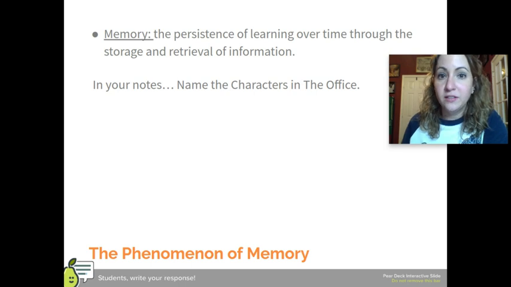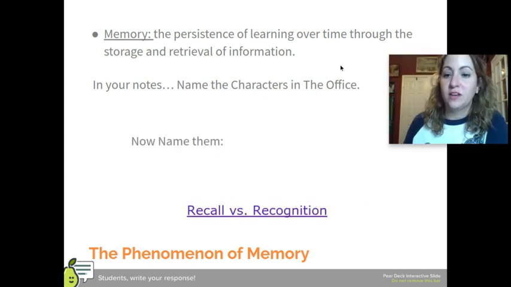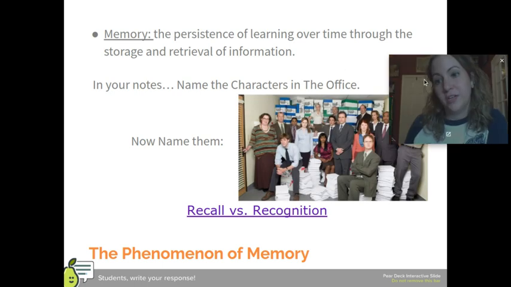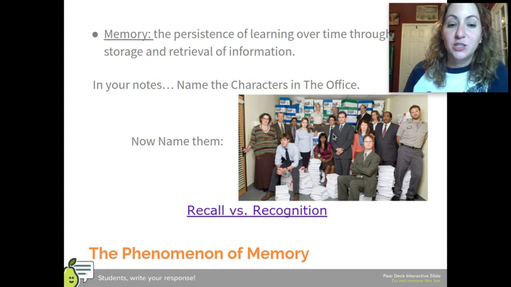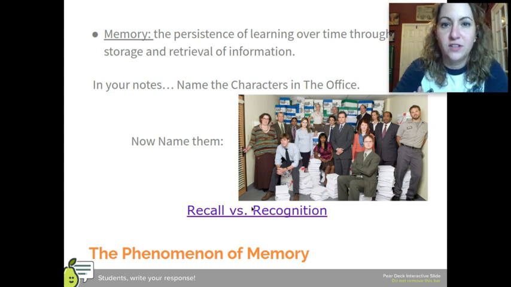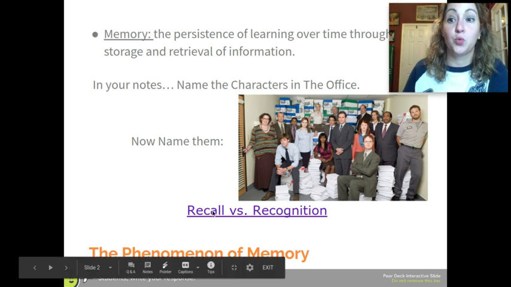What's a whole lot easier is recognition. If I was to show you a picture of Santa's reindeer or the Seven Dwarves, I don't have those, but I do have a picture of the cast of The Office, and it's a whole lot easier to access your memory if it is a recognition question versus a recall question.